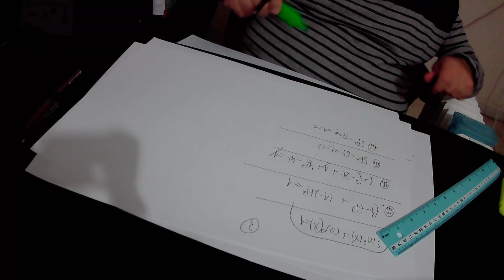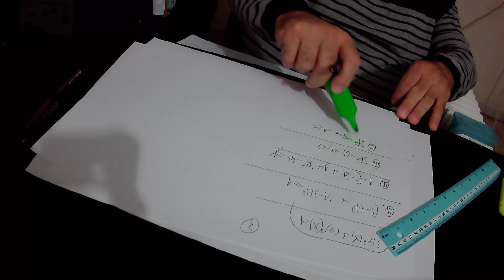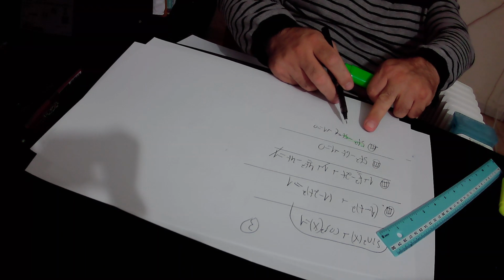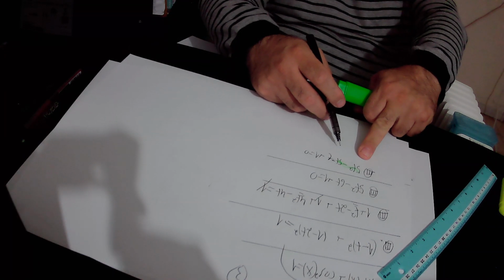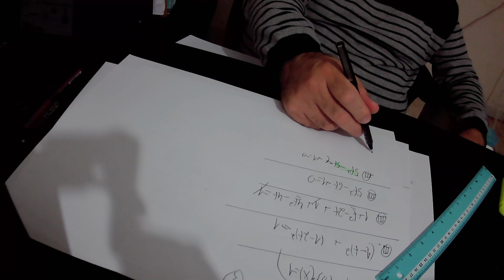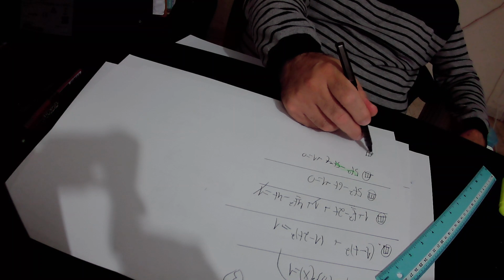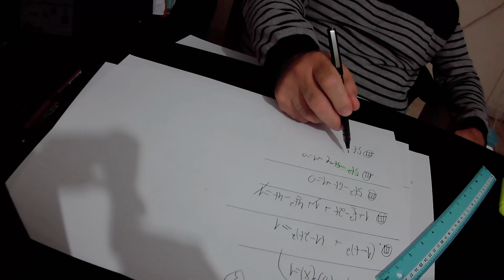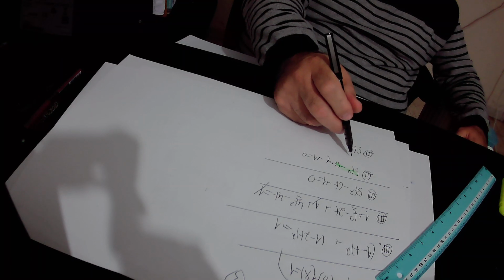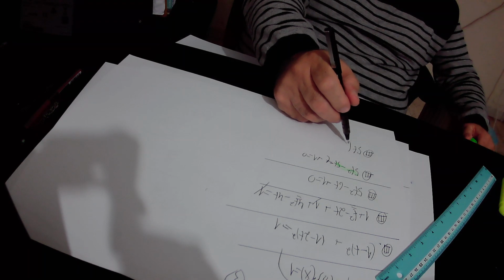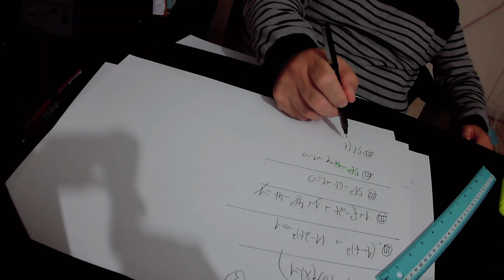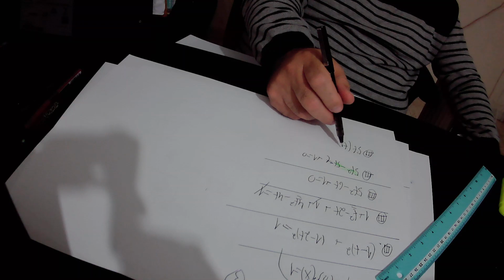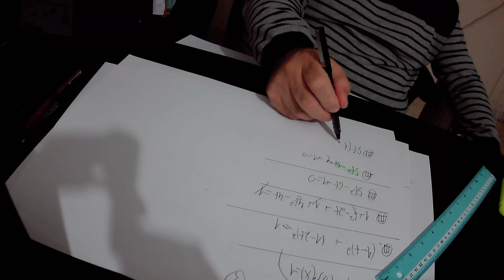In the next step, we take 5t out as a common factor from those two expressions in the green color. So 5t was taken out as a common factor of those two expressions. So what is left from 5t squared after we took from it 5t as a common factor? What is left is actually t. And what is left from minus 5t after we took from it 5t as a common factor? What is left is actually minus 1.